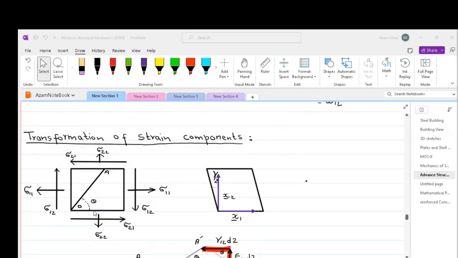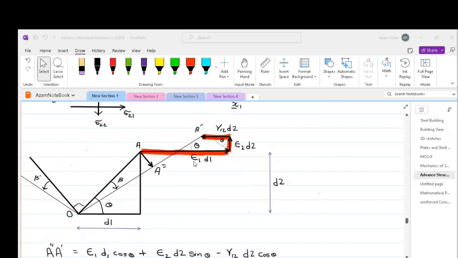So this element is considered horizontally as D1 and vertically as D2. The reason strain 1 is multiplied with D1 is that we are trying to find out our deformation, which is equal to strain times the original length D1.